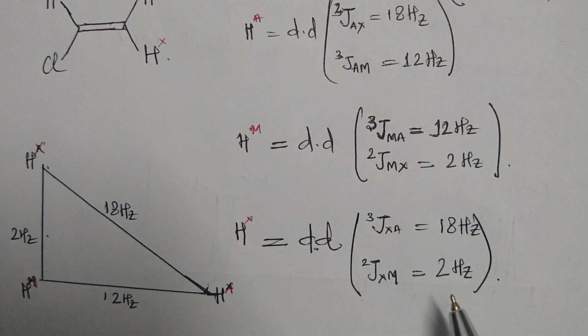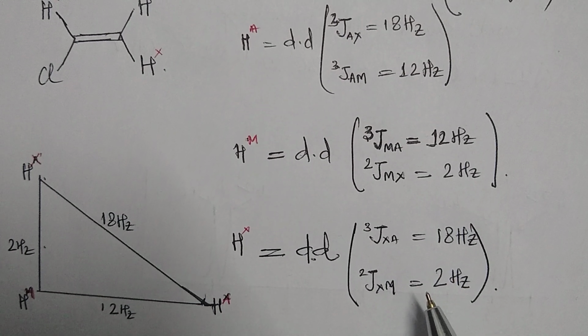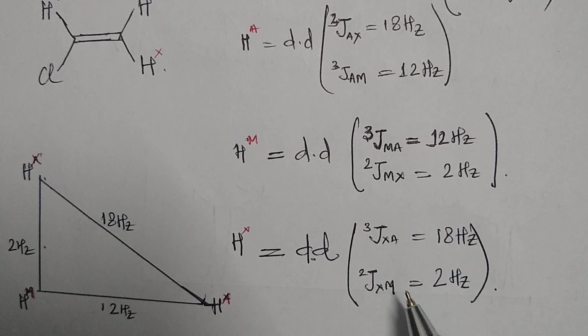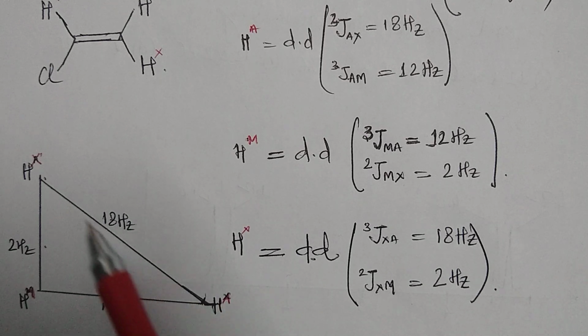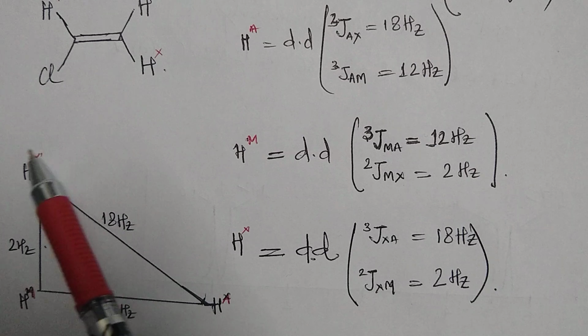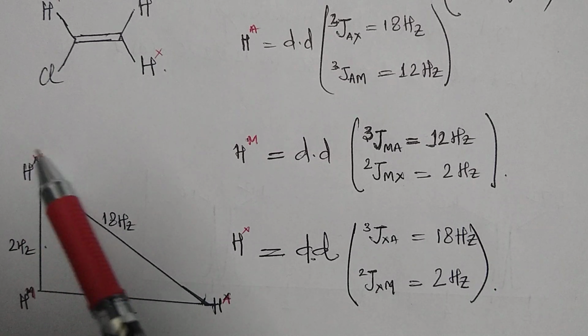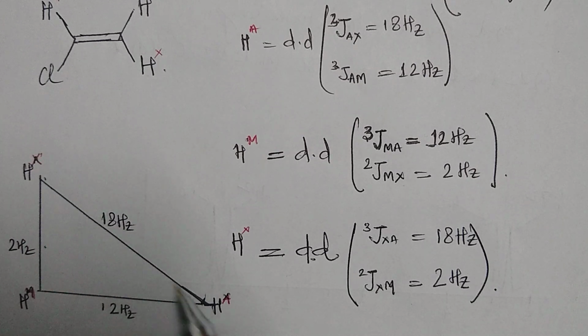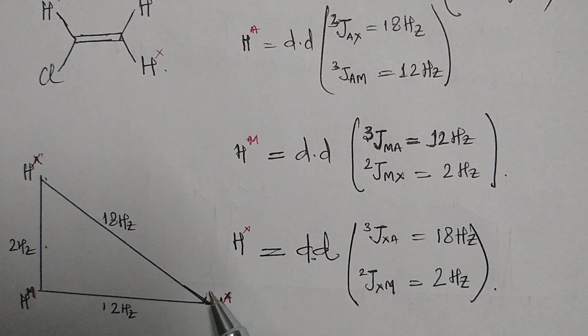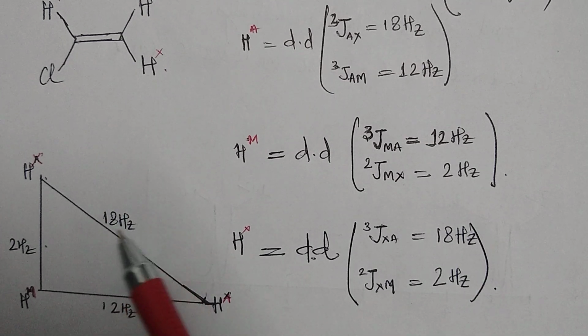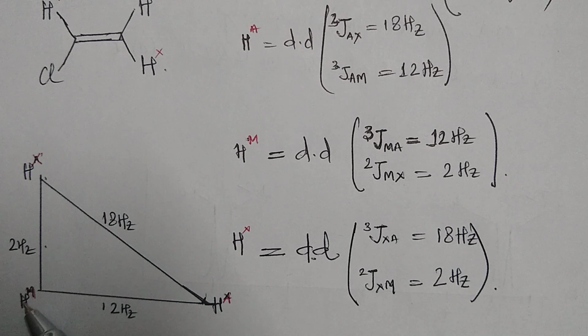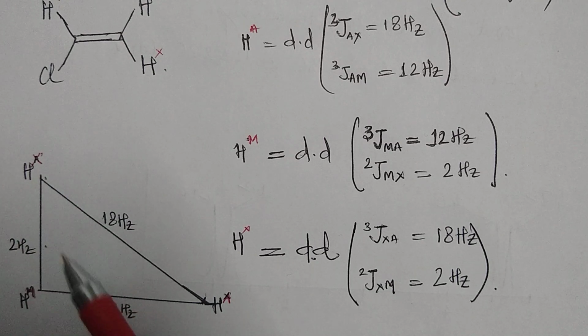Likewise, to represent these coupling constants, we can draw a triangle like this, in which if we place the A type of proton over here, then along the longest side we get the X type of proton. So A and X will have the highest coupling constant, 18 Hz, on this side. Here is the M type of proton, here 12 Hz, that is cis coupling. With that, this is geminal coupling, 2 Hz.